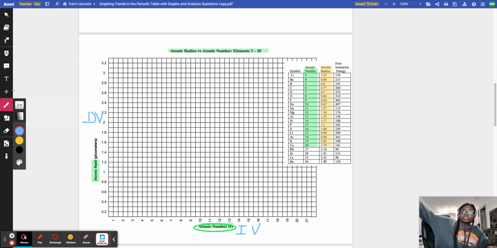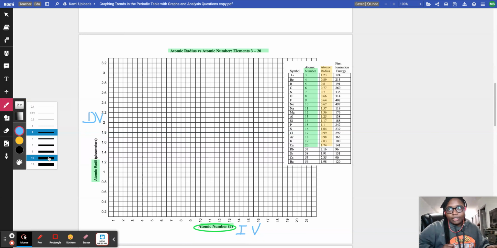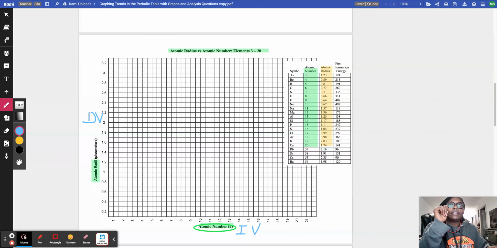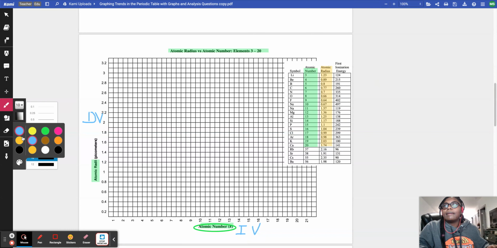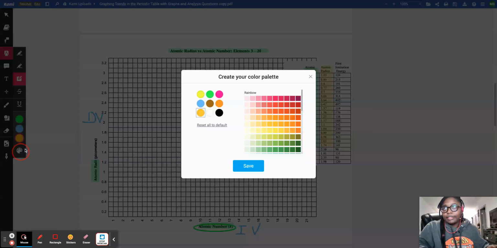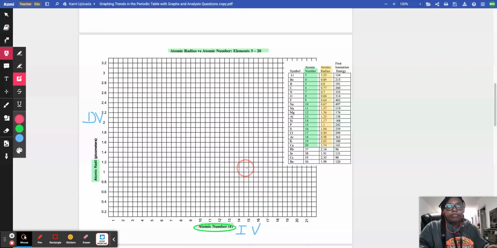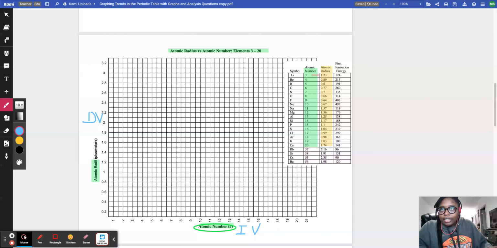In order to do this, we are going to start with atomic number 3. I know that atomic number 3 is partnered with the atomic radius of 1.23. So I am going to find the atomic number 3 on my chart, and it's right here.